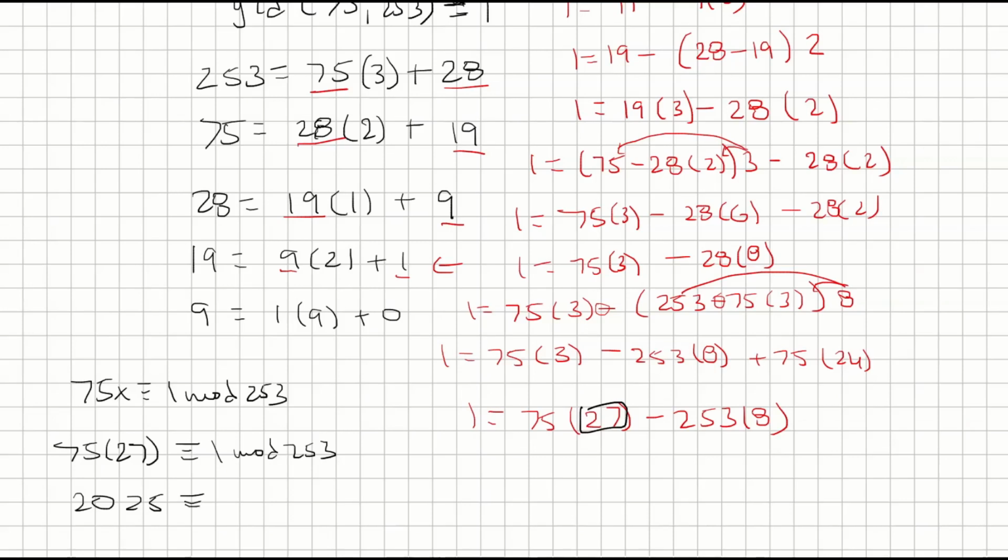Good. And if I divide it by 253, that's going to give us 8 and 1 over 253, which means it'll be 8, remainder 1. So that works. So this is kind of like checking our work here. So the final answer will be x equals 27.